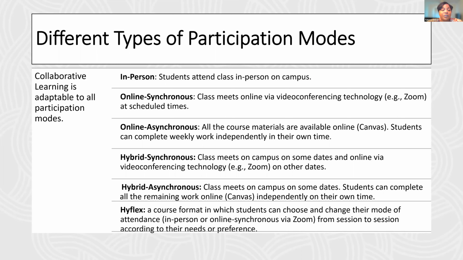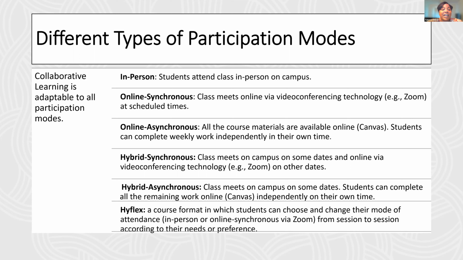And here are Holy Names University definitions for different types of participation modes. As you can see, we offer different course formats that are available. Not only are students able to choose, but faculty are also teaching in these different participation modes, and some may overlap. So in person, students attend class in person, in class, on campus, sorry.